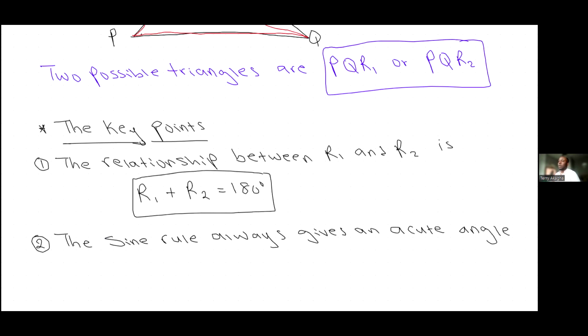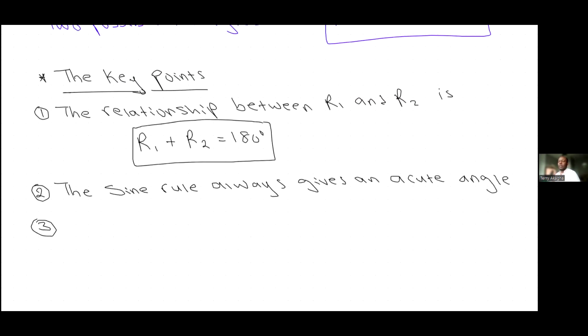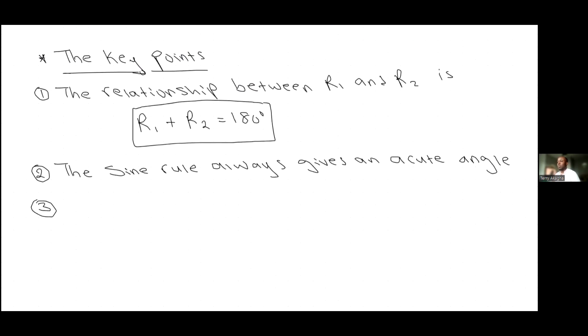Number 3, I also told you that the cosine rule gives the obtuse angle first, if any of them, all right?